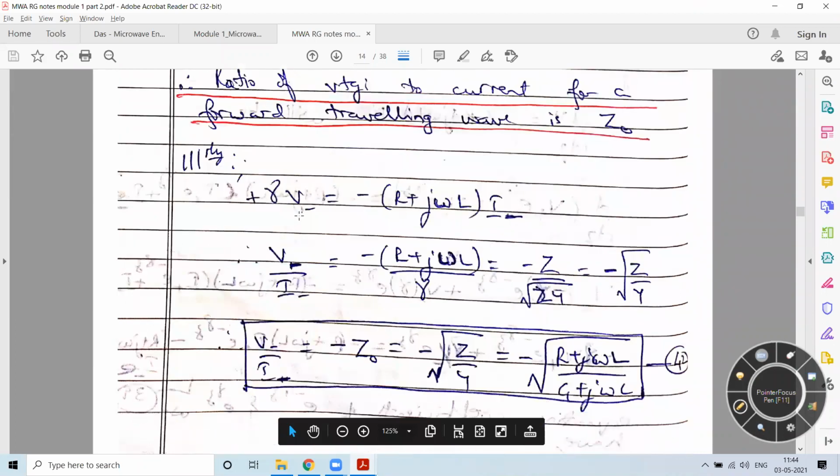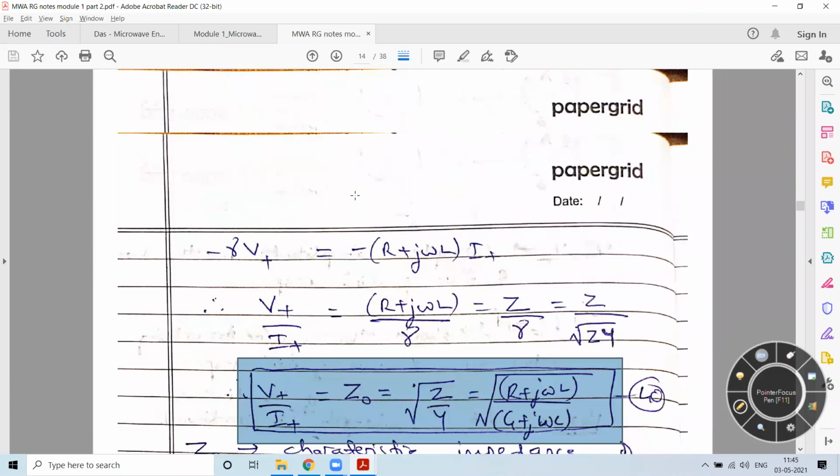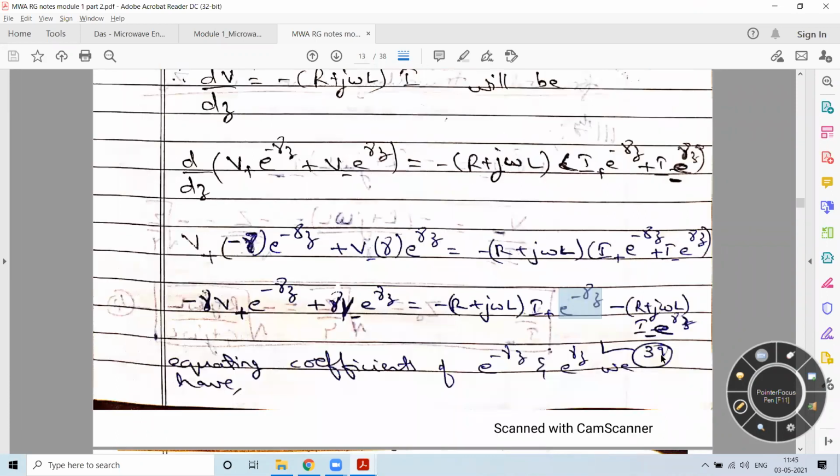So now here we had another parameter, right? Here we solved e raised to minus gamma z. Now let us see what we'll get if I solve the coefficient related to e raised to gamma z. So if I solve that, we'll have plus gamma into V minus equivalent to minus of R plus j omega L into I minus.